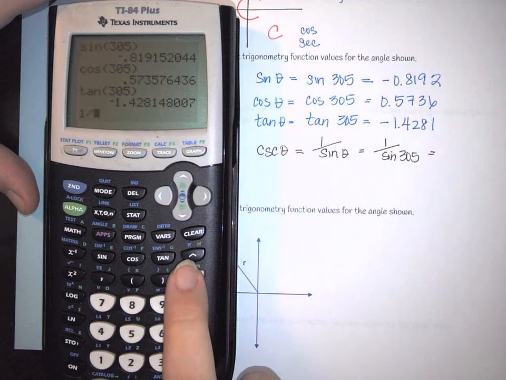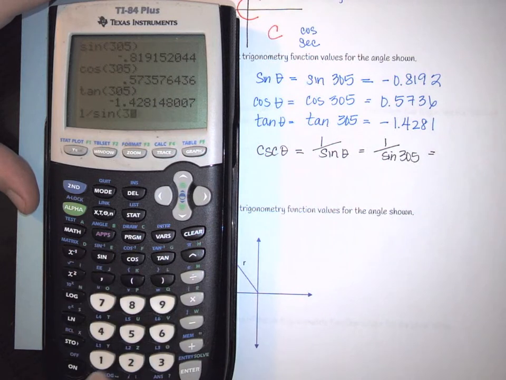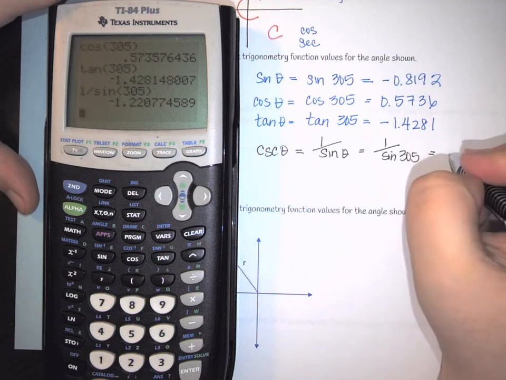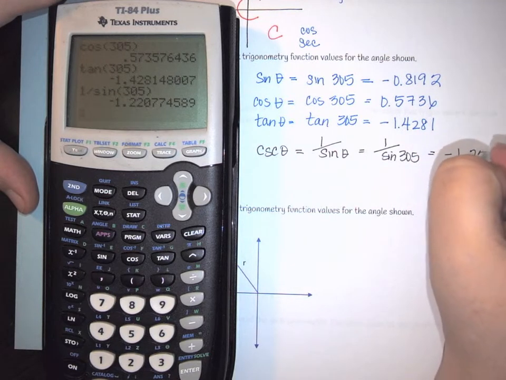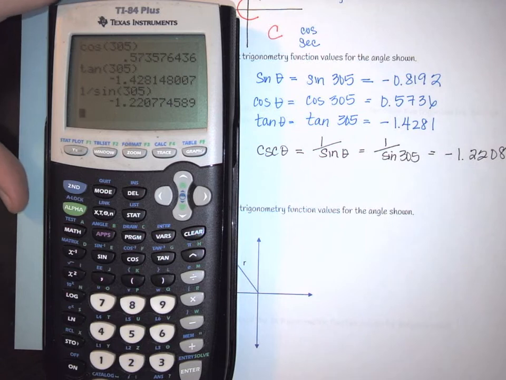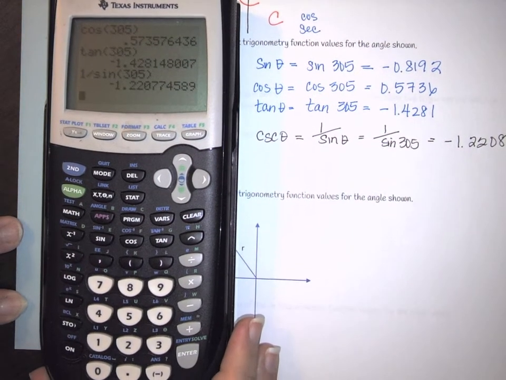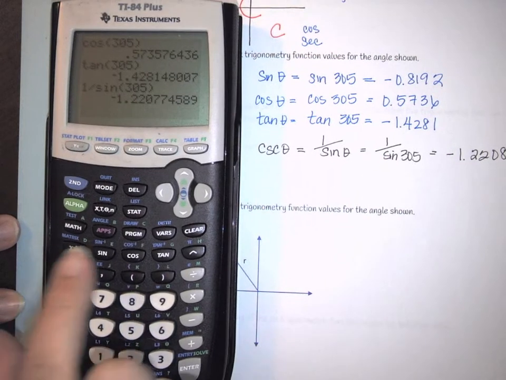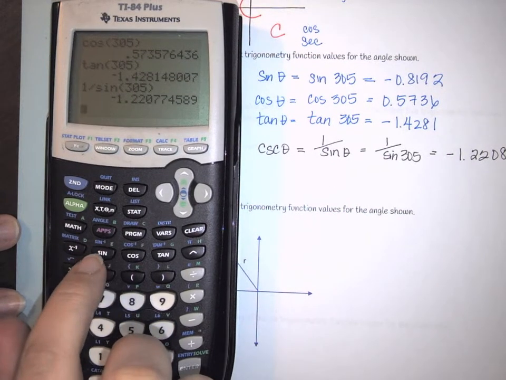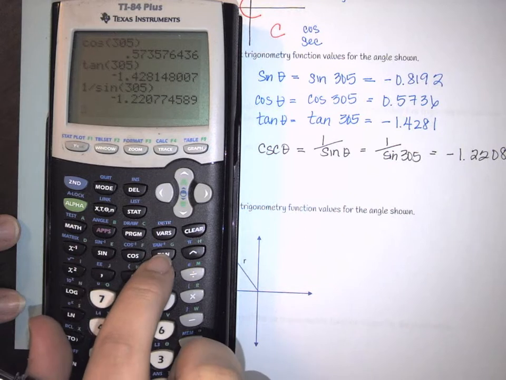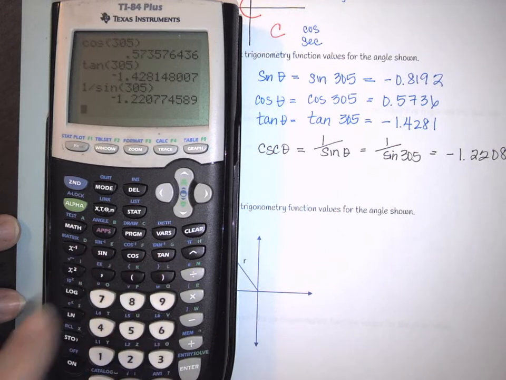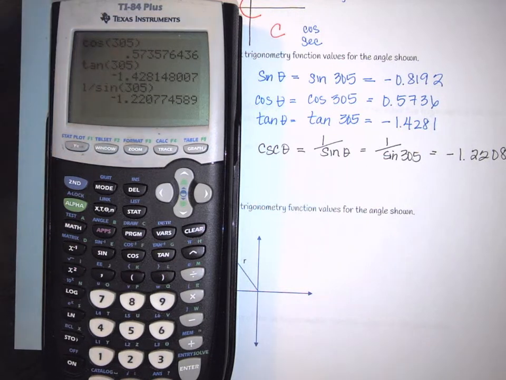So 1 divided by, and then sine of 305, close it, hit enter, and there we have it, negative 1.2208. Now some advanced calculators or heavy duty calculators actually have the cosecant, secant, and cotangent buttons as well, but most of them don't. We have to end up using the reciprocals of them. So just keep that in mind when working your calculations here.